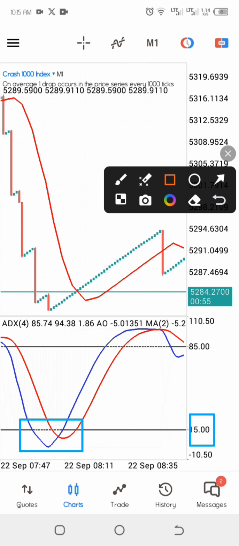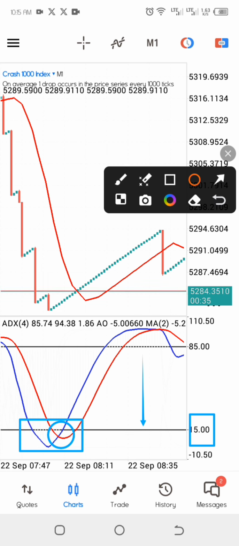When it's at the 15 level of the ADX, I'm looking for both of the moving averages to cross before they go back inside the ADX. So I want to make sure that I see the cross happen outside the ADX line, which happens right here.